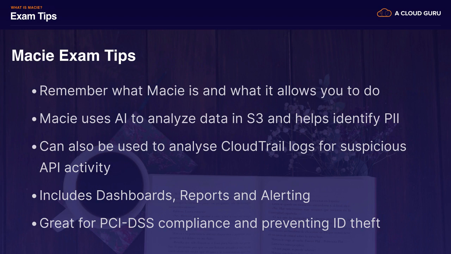So think sensitive personal data like passport numbers, driving license numbers, credit card numbers, date of birth, etc. And it can also be used to analyze CloudTrail logs for suspicious API activity. It includes dashboards, reports, and alerting as well. And it's great for PCI DSS compliance and preventing identity theft.